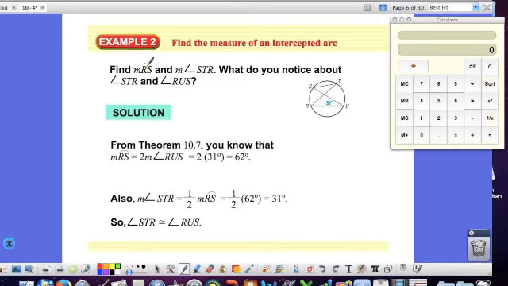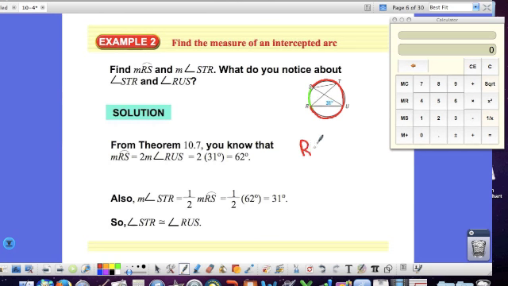Find arc RS and arc STR. And then also, what do you notice about angle STR and angle RUS? First of all, there's a lot of writing down here, so I'm just going to go through this.